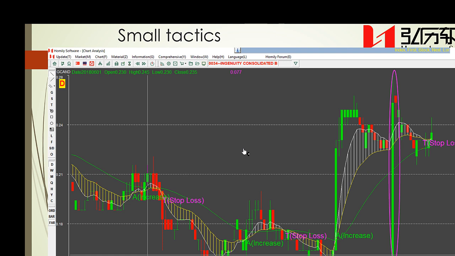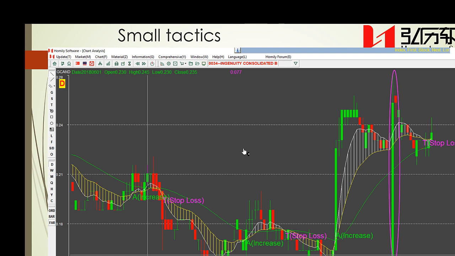The price opens here and goes up to here, but he pulls back again. So we will think here gets the resistance, we cannot break out, we should sell it.